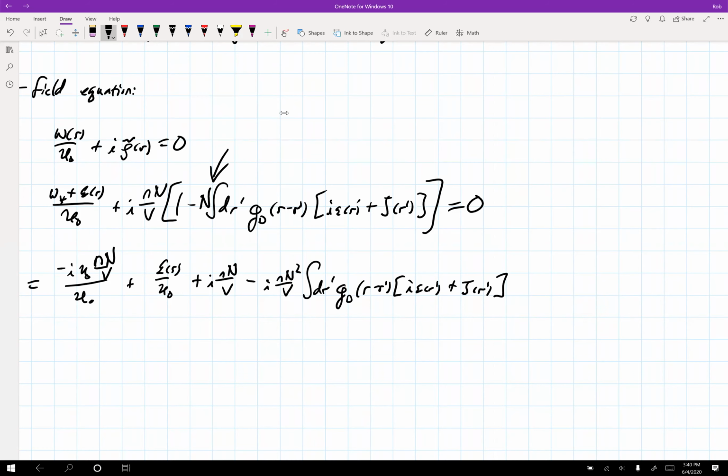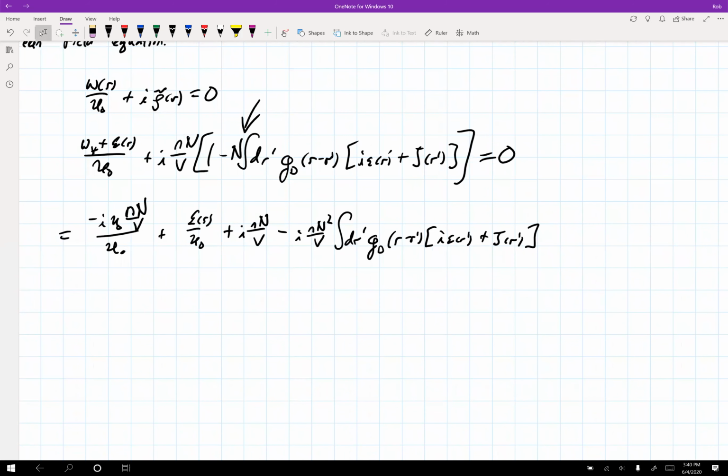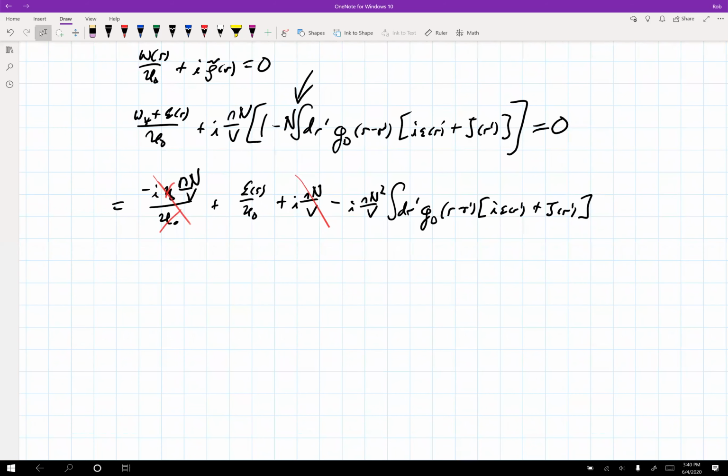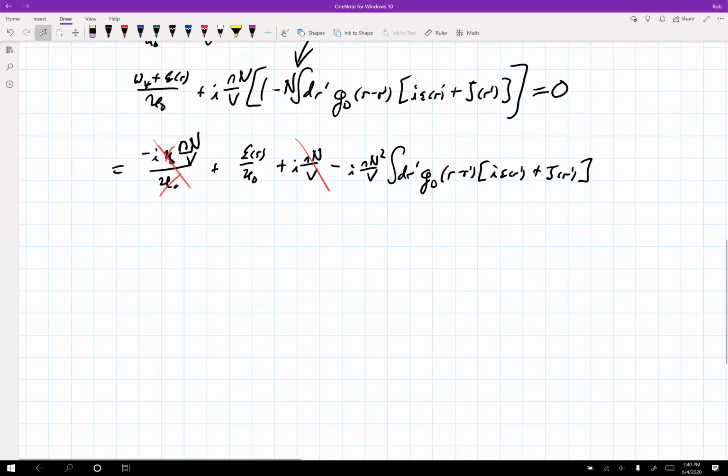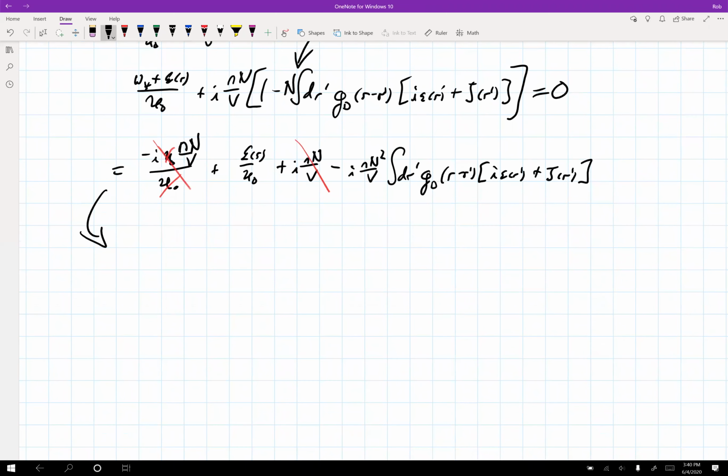All right, now we can simplify a little bit here. So one thing that's going to go away, obviously these u naughts are going to cancel. So then that gives us minus I little n big N over v. And so that whole thing is going to end up canceling with that guy. So those terms are gone. And then we'll flip back to Fourier space so that we can write this a little bit more compactly. So again, we'll go to Fourier space.